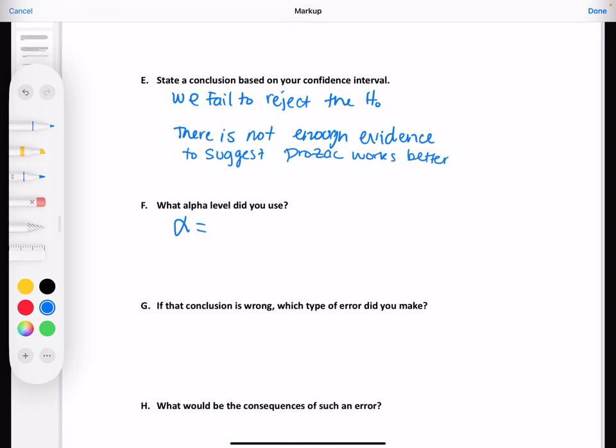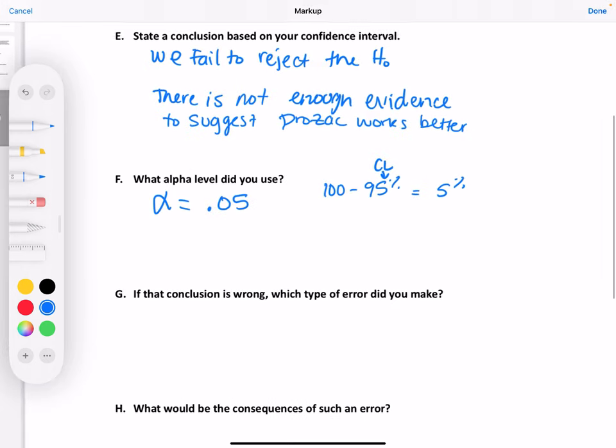So it's 100 minus 95, or in this case it'll be 0.05, because our confidence level was 95%. But we only cared about the greater than, which means we only look at half of it. So we need to cut this in half. So our alpha is equal to 0.025 because it was a one-tail test.